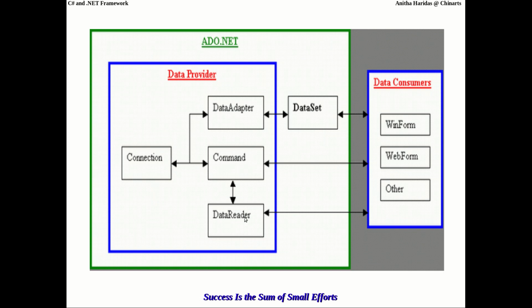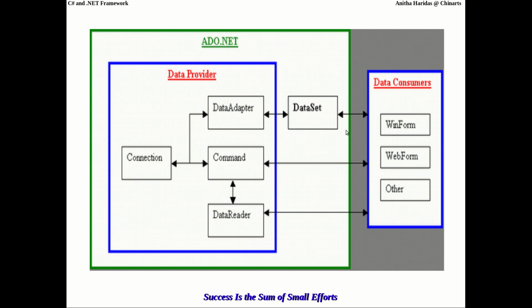And if you want to retrieve data from a query such as a select query, you can use a data reader, and this data reader will be sending the retrieved data from the database to these applications. And not only that, your application can also work in the offline mode.